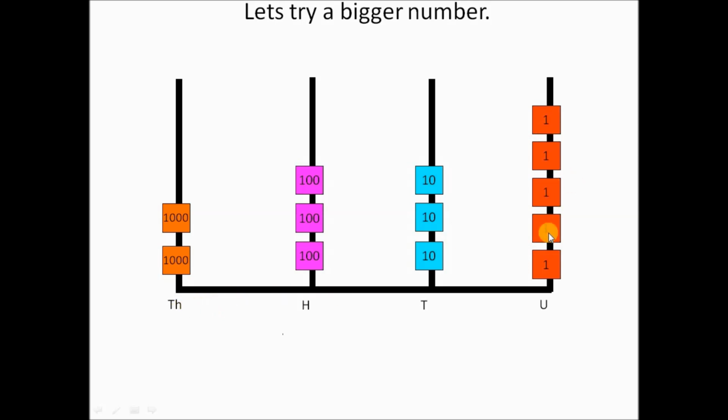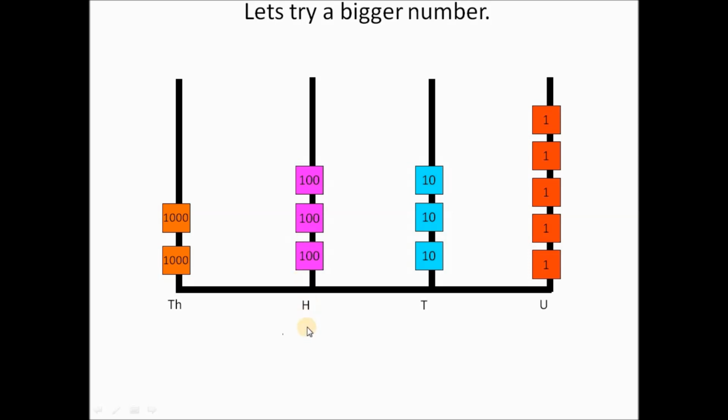Count the number of boxes in the units place. So there are 1, 2, 3, 4, 5. A total of 5 boxes are there in the units place. So I will write 5 in the units place. Similarly, there are 3 boxes in the tens place. So I will write 3. Similarly, there are a total of 3 boxes in the hundreds place.